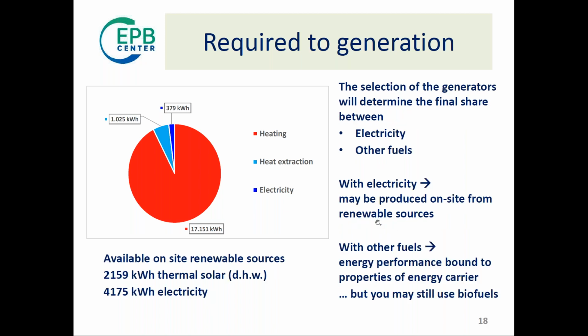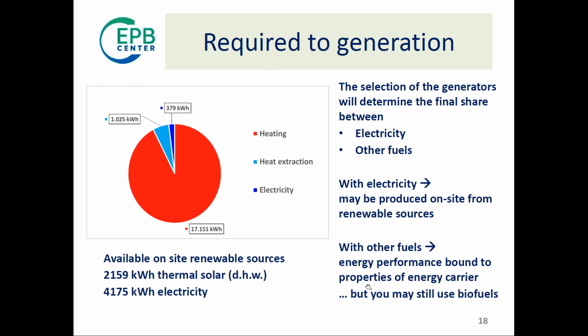So once you have decided your generators, you will come to two types of input: electricity and other fuels. With electricity, you may produce on-site from renewable sources. So we will test with and without the PV, and with a different evaluation of the exported energy.